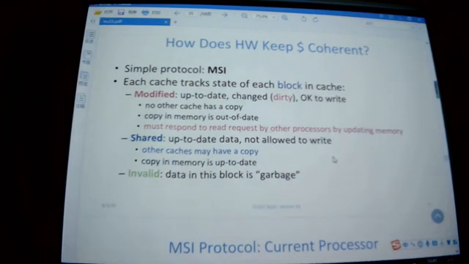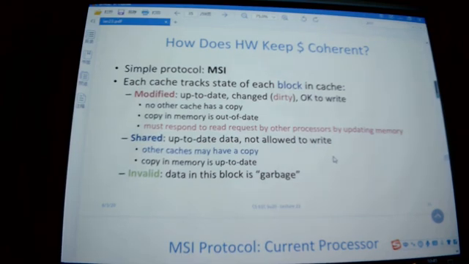Shared is up-to-date data, not allowed to write. With shared, we can share some data. Other caches may have a copy. The copy in memory is up to date, but shared isn't allowed to write. Shared data is for reading, don't write.